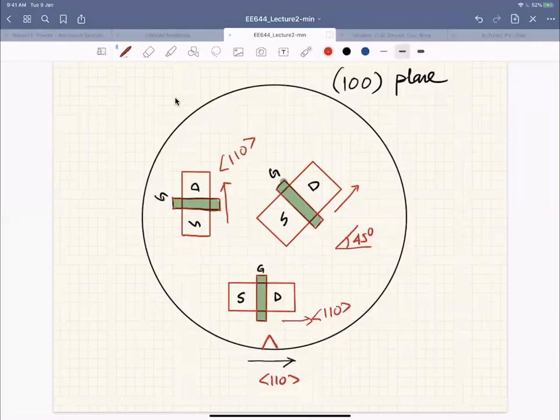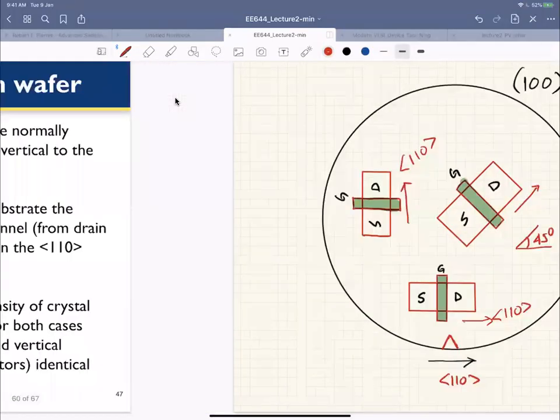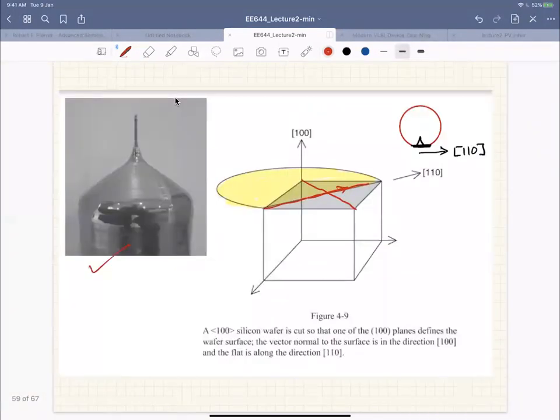So Sarda, what will be the direction which is 45 degrees to 110? 100, sir. Yeah, it will be 100. 100 is correct. You could even see from here, right?